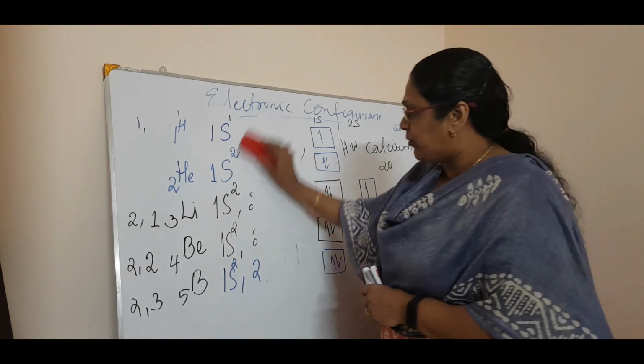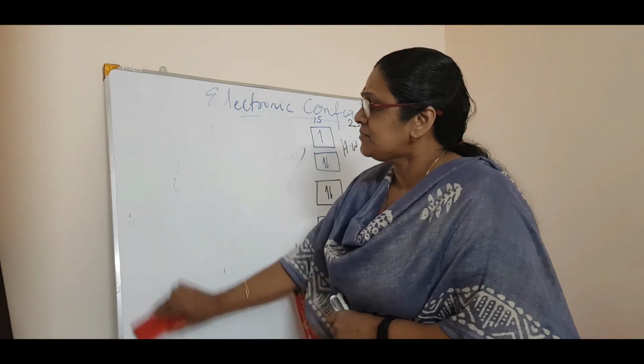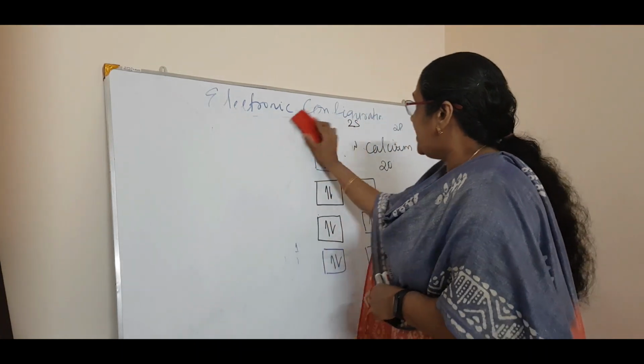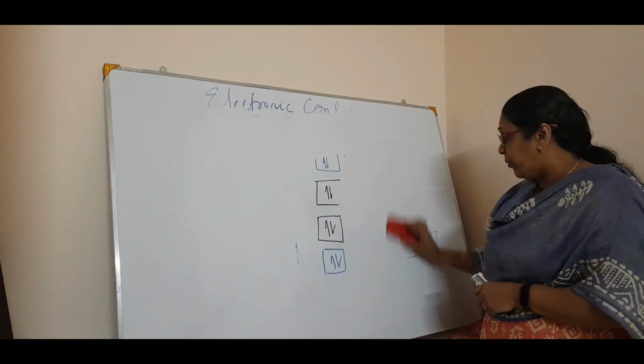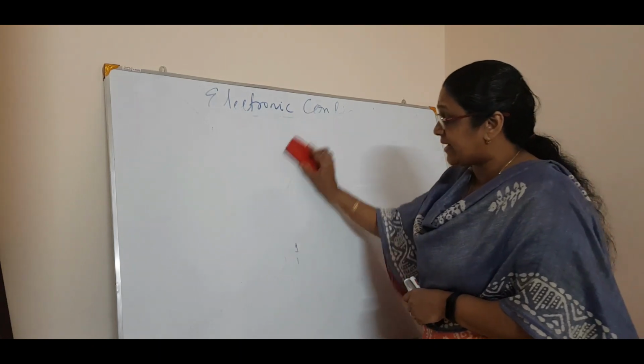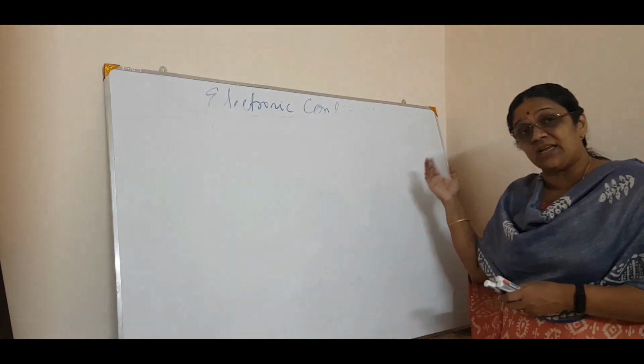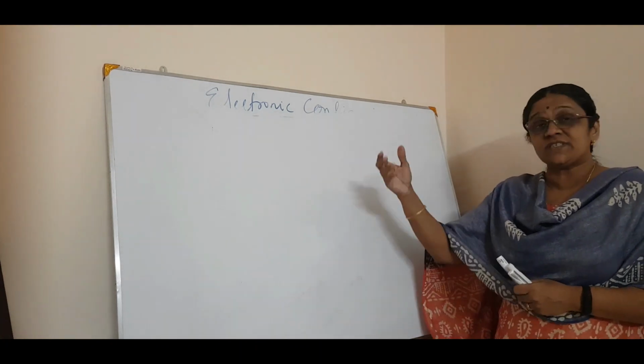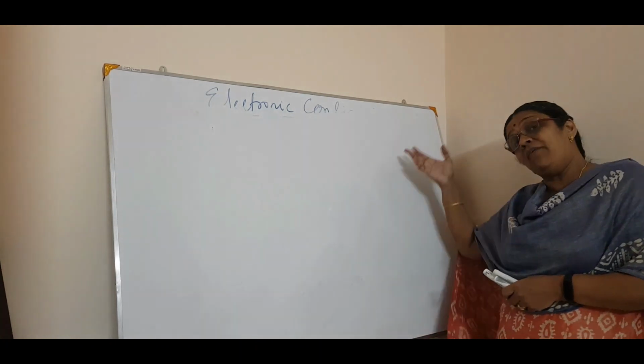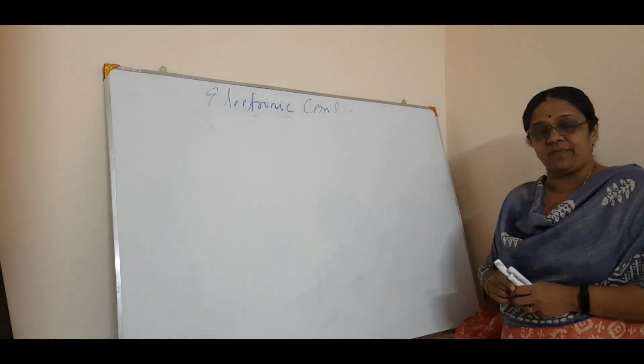Now we will see one more thing. If there are so many elements, 118 elements, writing the electronic configurations of all 118 elements is very, very difficult. If you start from 1s2, it will go up to 5d or 5f.